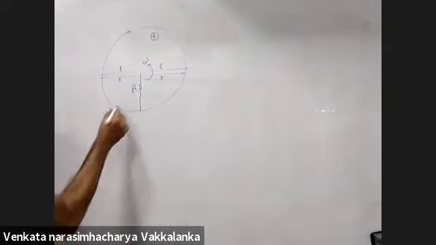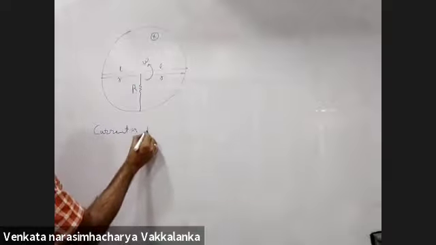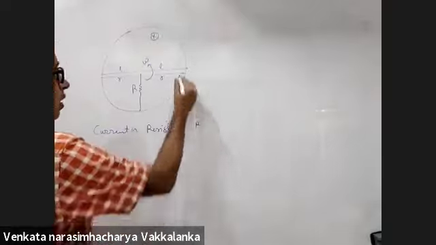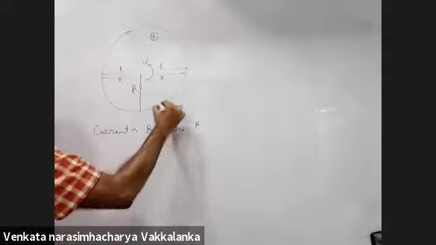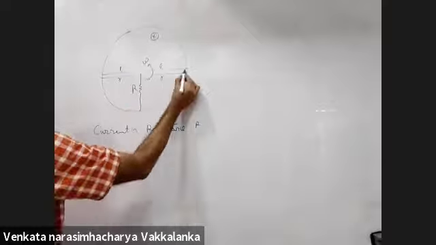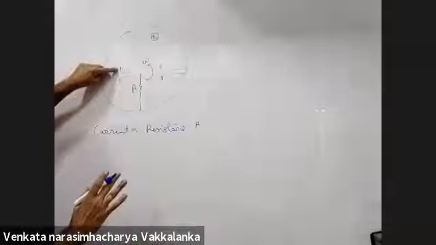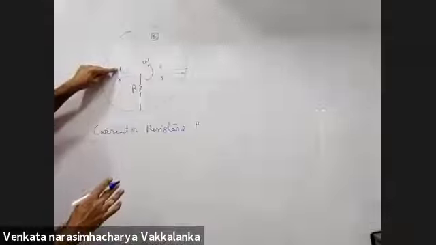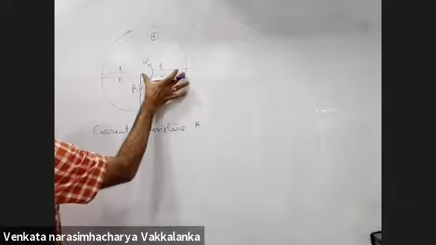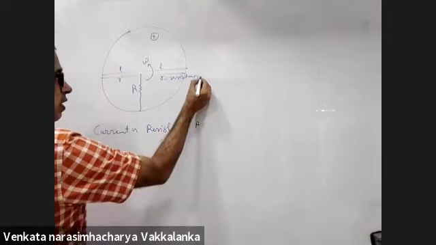Find the current in capital R. The ring is an ideal ring, that is, no resistance in the ring. This rod has a resistance of small r. Is that clear?